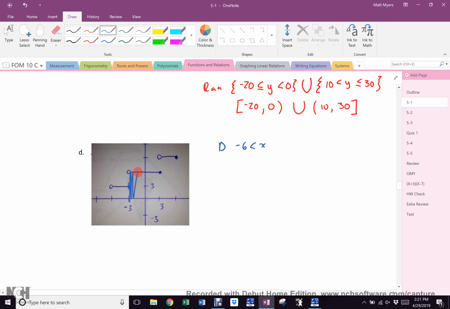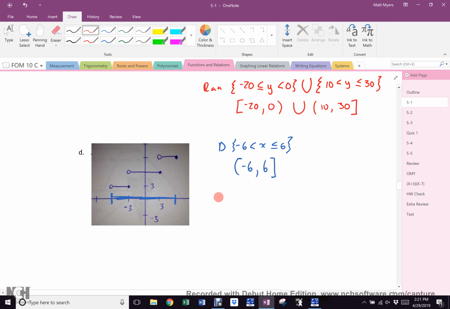It starts again, doesn't it? So 3. So I start here, and how far up do I go? Positive 6. Is 6 included? So what kind of arrow? The equal arrow. How do I write that in interval form? Round bracket, negative 6, 6 square.